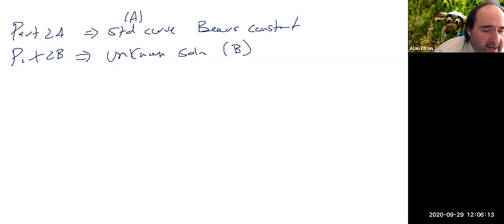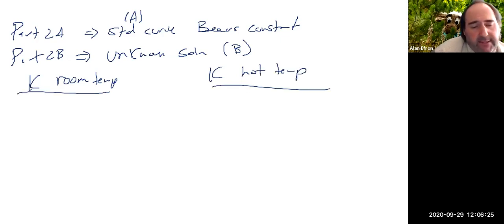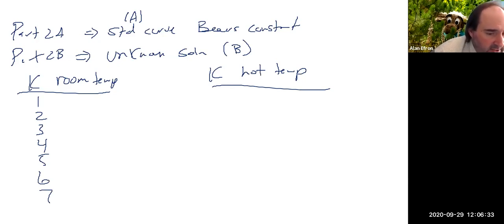And you're going to find the K value for room temperature and a K value for a hot temperature. When you're done with all these calculations, you should have, I believe, 7 K values, one for each test tube, and perhaps an average K value for room temperature.